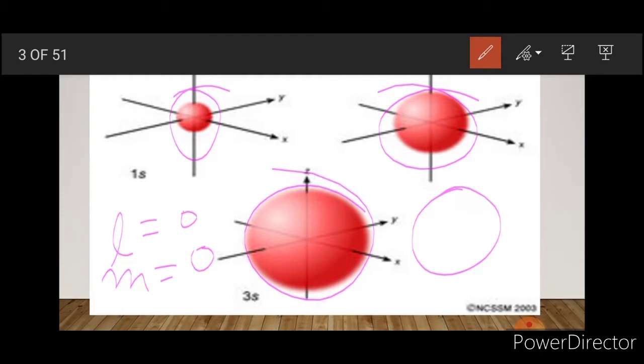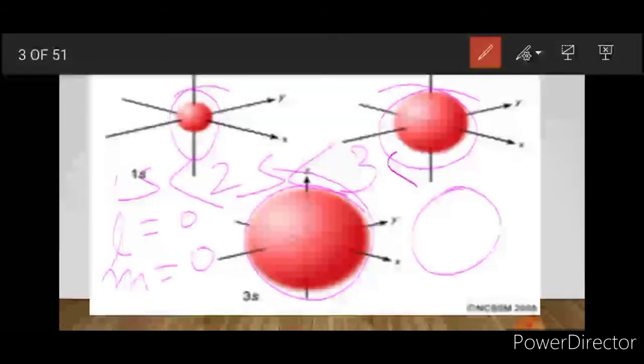So you can see here that greater the value of n, larger is the size of the orbital. Thus, it can be said that energy and size of s orbitals increase in the order 1s < 2s < 3s < 4s and so on.